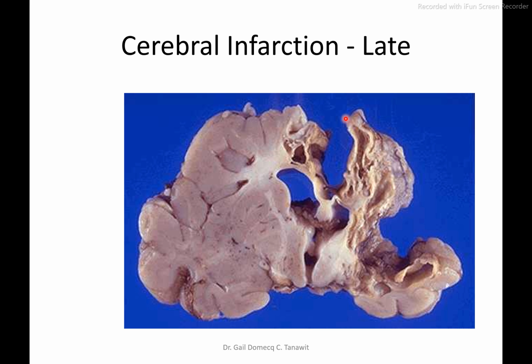Mayroon kang anterior cerebral artery and middle cerebral artery ang nadali. Kaya ang massive, ang extensive. So ito ay right side ng cerebrum, so the manifestation will be contralateral. Yung opposite na paa, kamay, more or less pati yung facial, may facial manifestation ito kasi middle cerebral artery ang na-affect.